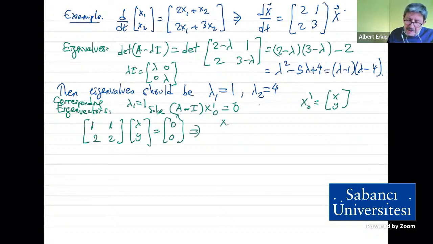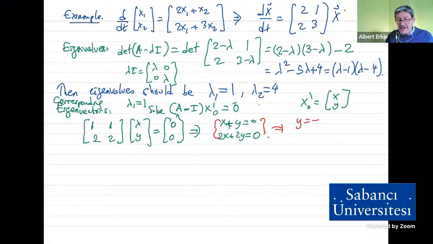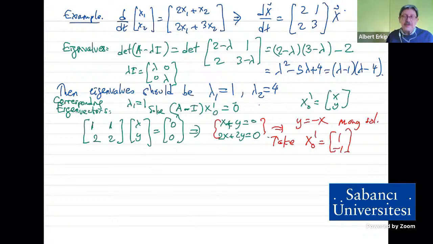That gives x plus y equals 0 and 2x plus 2y equals 0. Since the determinant is 0, this does not give a unique solution, but this implies y is equal to negative x. There are many solutions. In fact, you can take the vector 1, minus 1, and all the multiples of it will also be a solution. Okay, so we have one.